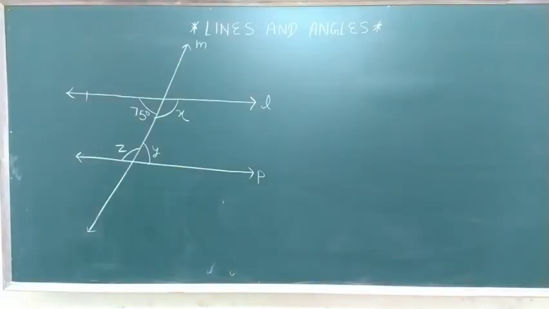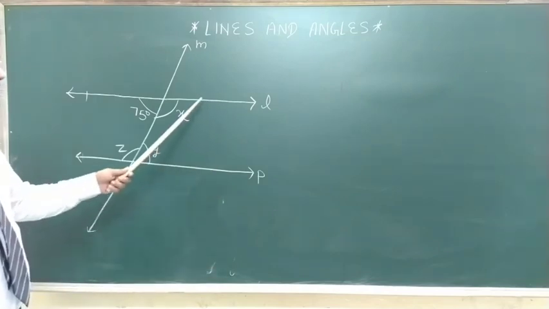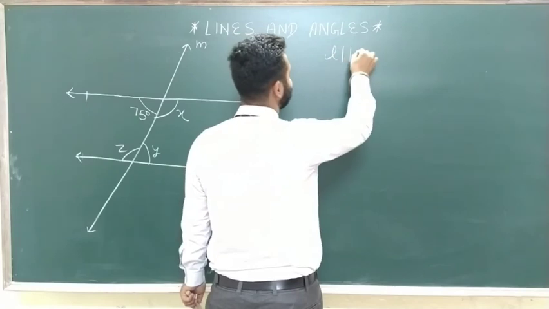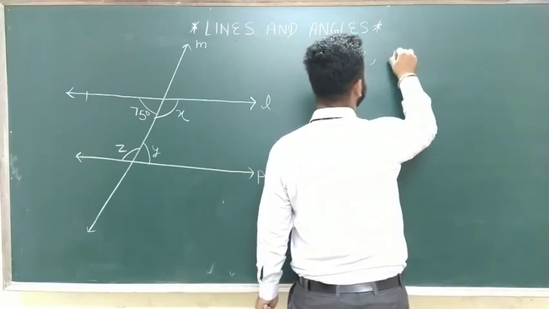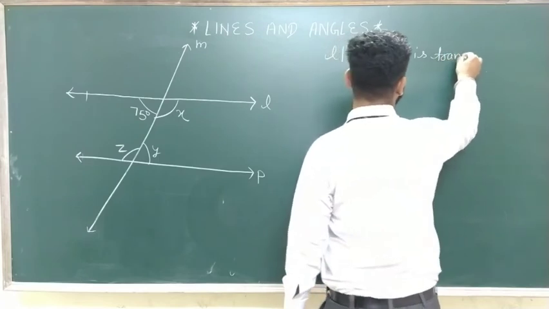Now let's discuss this question. In this question, L and P are two parallel lines, and M is the transversal. L is parallel to P and M is the transversal.